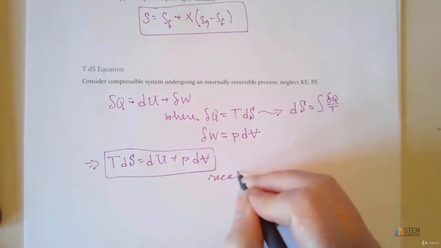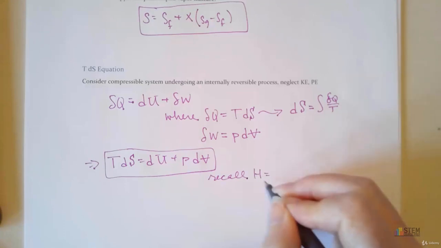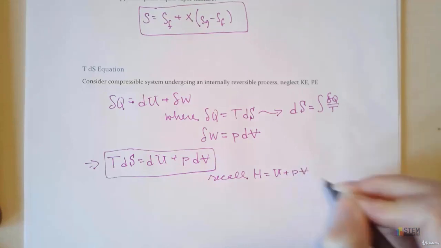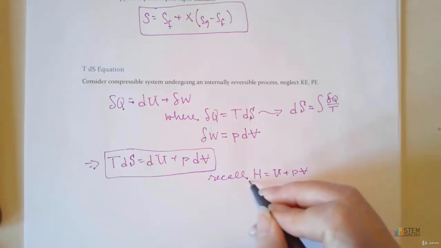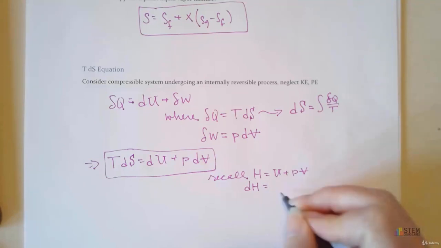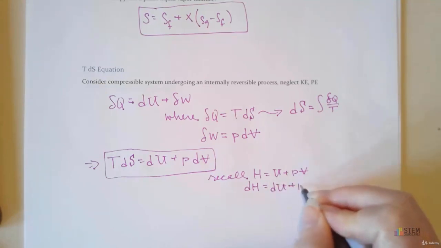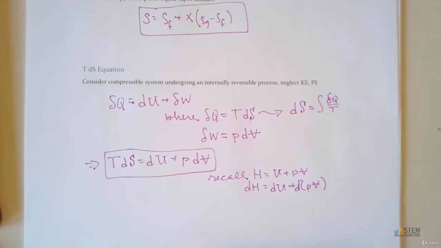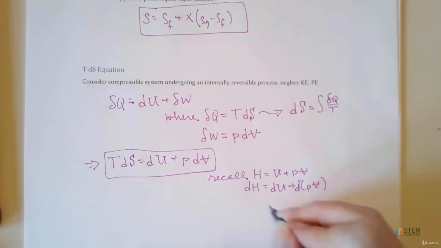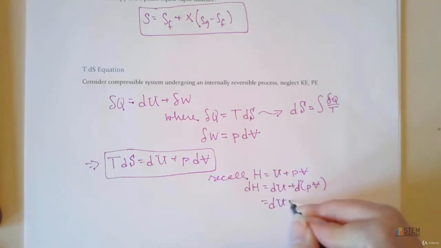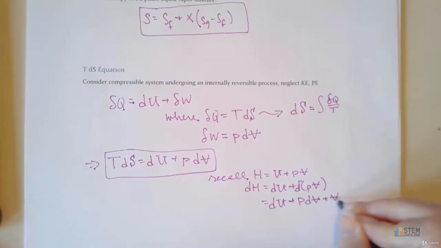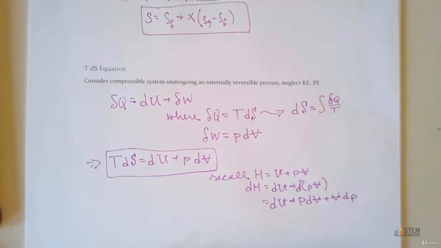And let's recall a few things. Enthalpy, the capital H, is going to be internal energy plus pressure times volume. So that means dH is going to be dU plus d(PV). And then let's go ahead and look at this part here. Let's extend this out. So that'll be dU plus the pressure times dV plus the volume times dP.